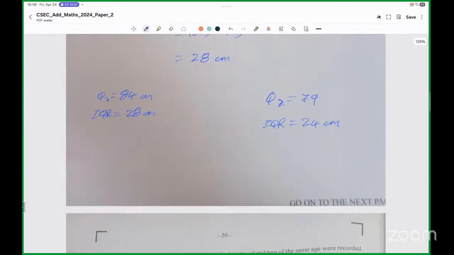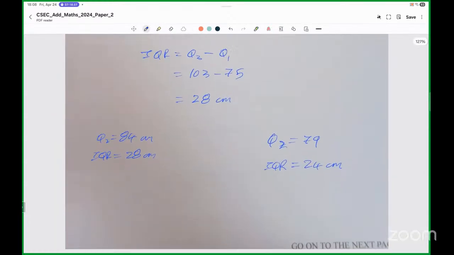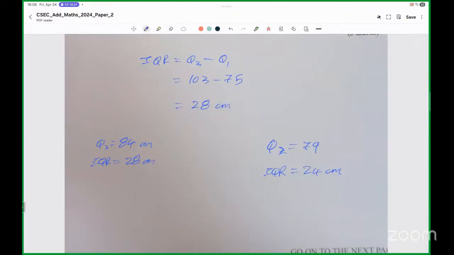Let me see if I can figure out what that is. This one has a wider interquartile range than that one. But this median is higher than that one. How do I interpret that?